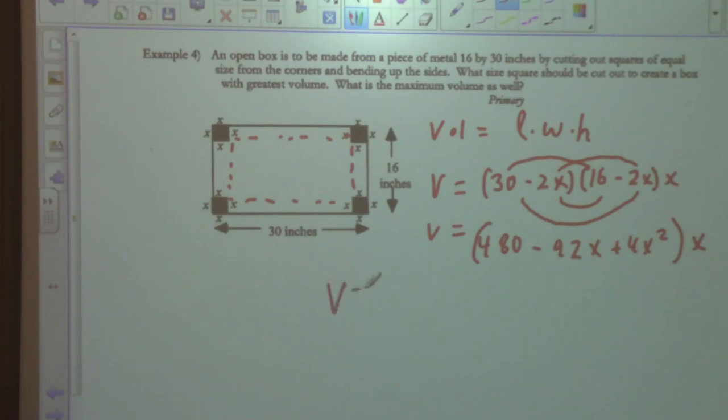So our volume is going to be 4x cubed minus 92x squared plus 480x, is that right?